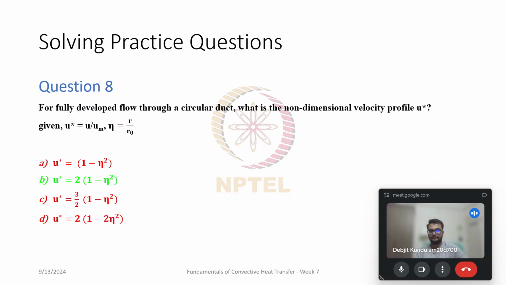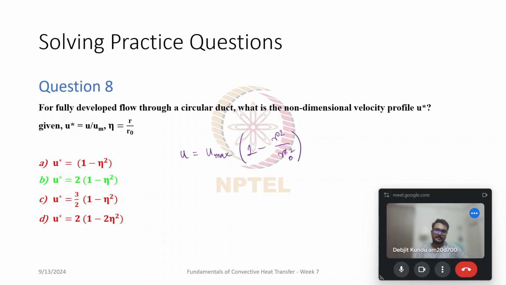It's actually option B. This is actually very simple to do. So for circular ducts, we have seen that U is equal to U max. It attains a parabolic profile which looks something like this.